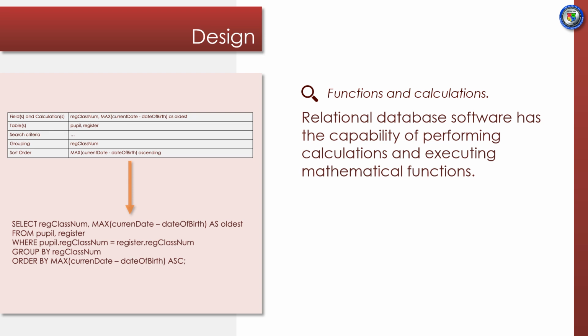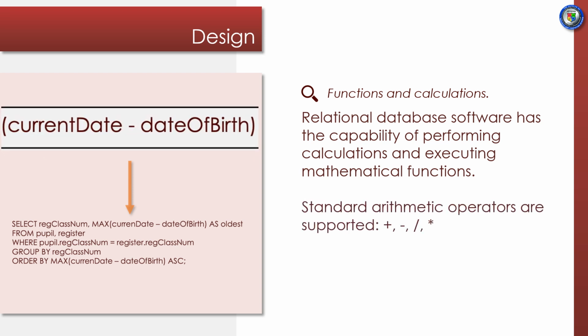Relational database software has the capability of performing calculations and executing mathematical functions. It also has the ability to use standard arithmetic operators such as plus, minus, divide and multiply.